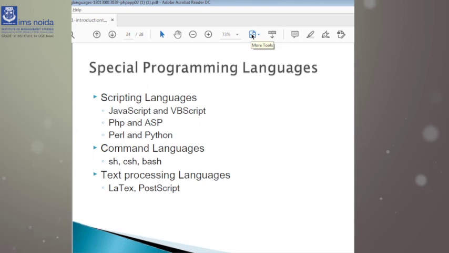Next is text processing languages. In computing, the term text processing refers to the theory and practice of automating the creation or manipulation of electronic text.